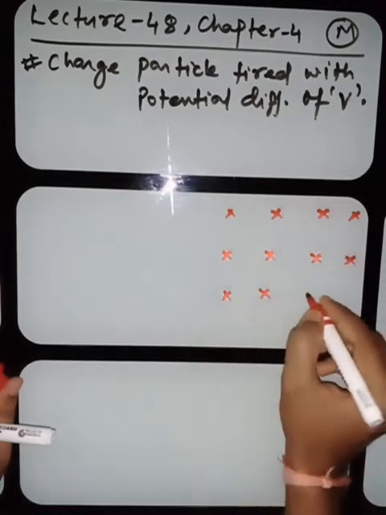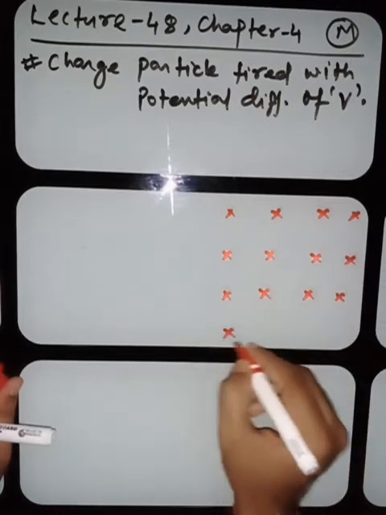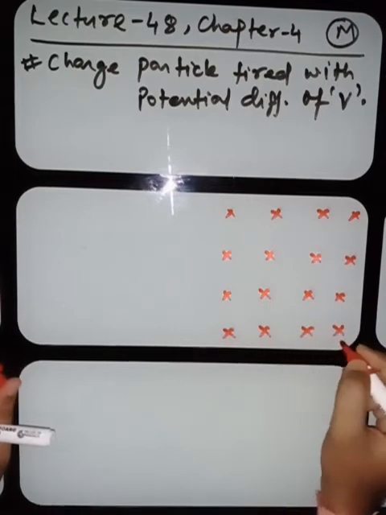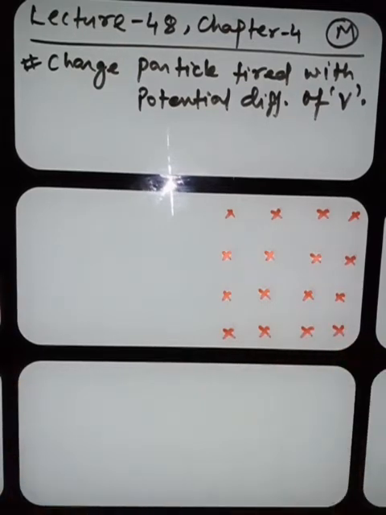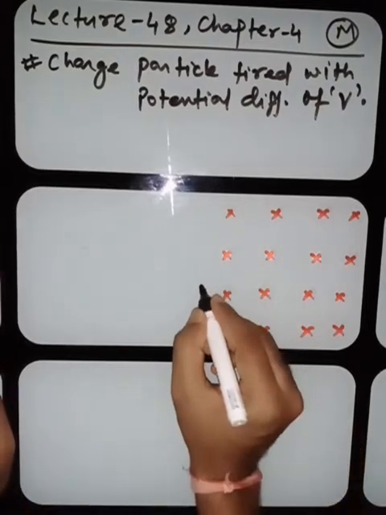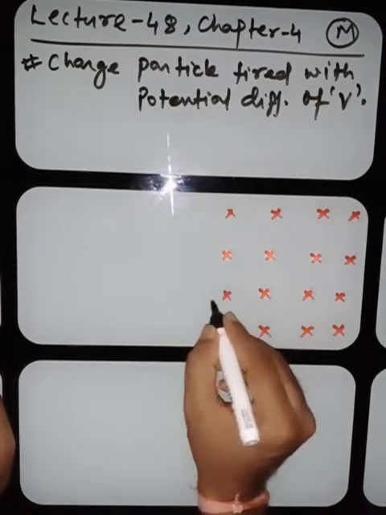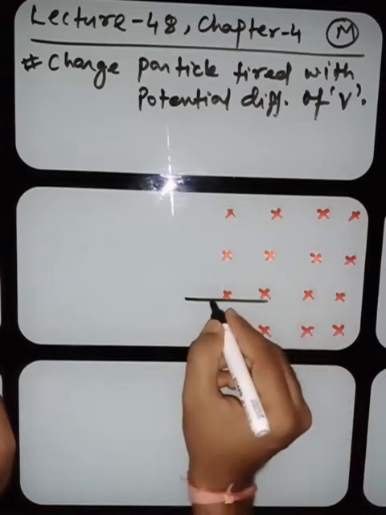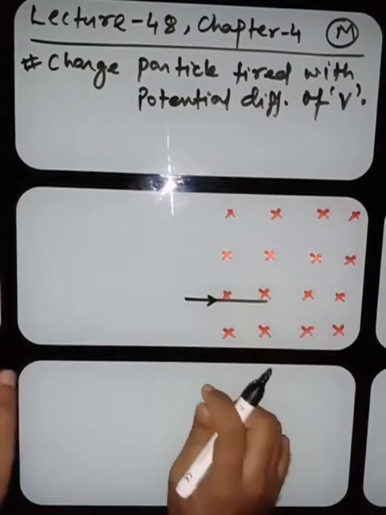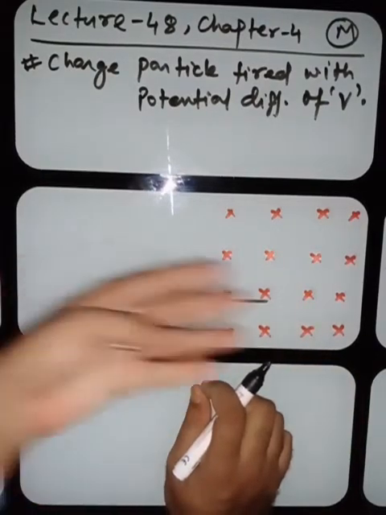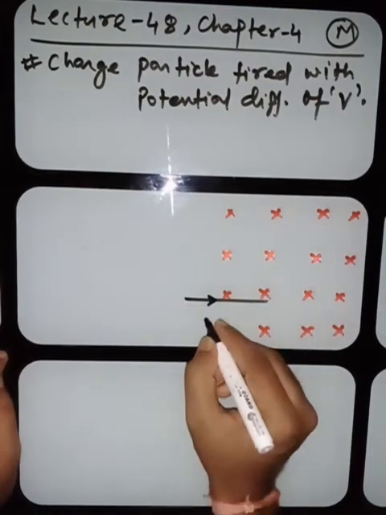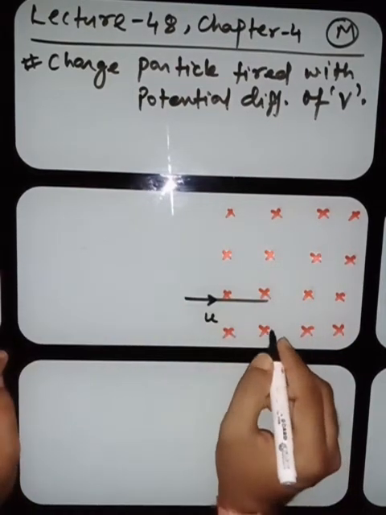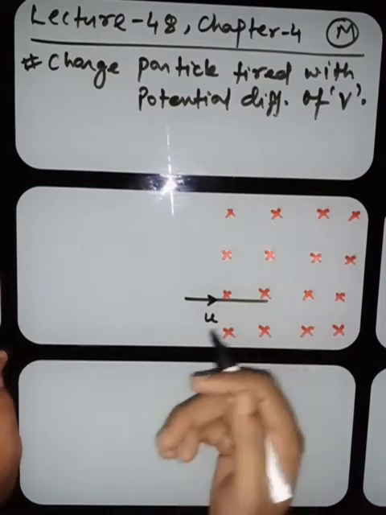This is a magnetic field, perpendicular outward. And if you project a charged particle in this way, but remember, from where does this charged particle achieve its velocity? Suppose it enters with velocity u. But from where did it achieve the velocity?